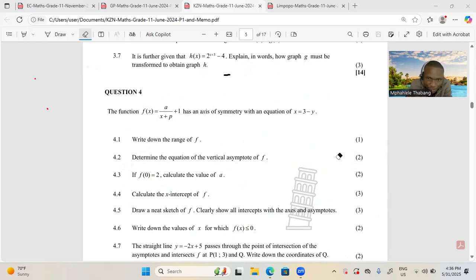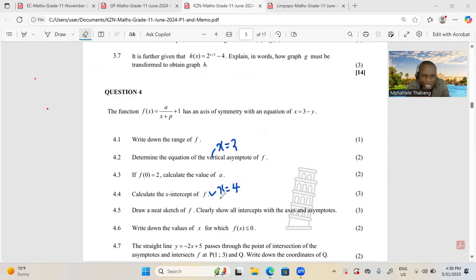Now they say draw a neat sketch of f. Remember I said to sketch the hyperbola graph, we need the x-intercept. We found it to be 4. And I also said we need the asymptotes. We found the vertical asymptote, x equals 2.